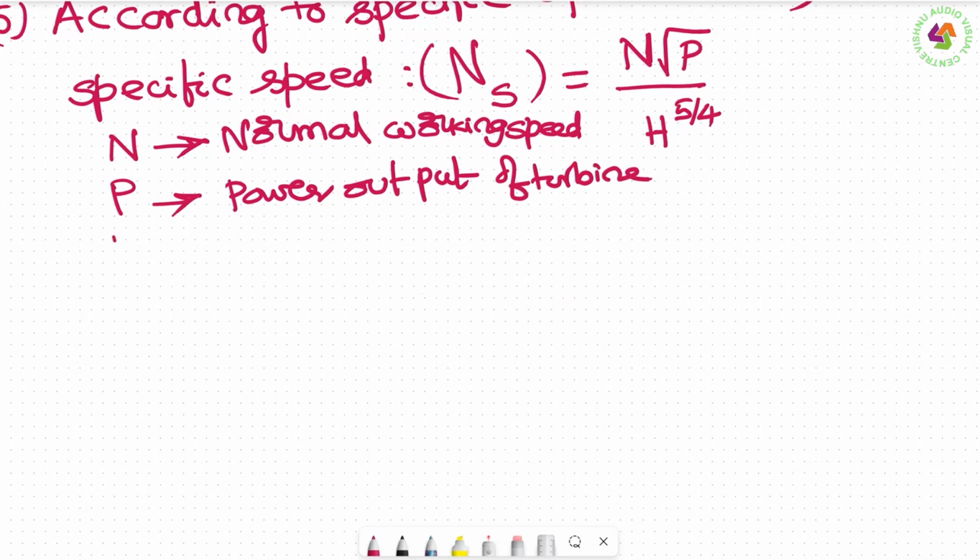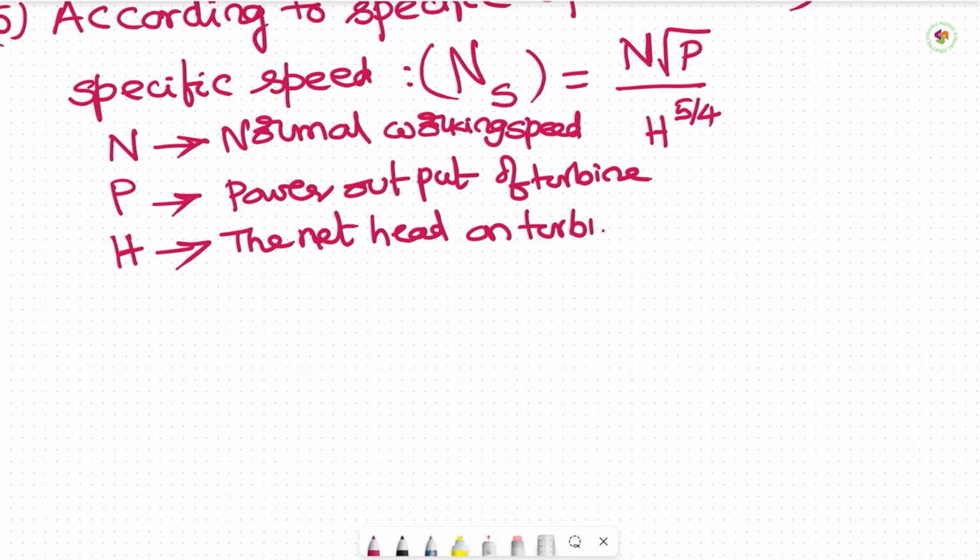H is the net head on the turbine. So this is the thing.